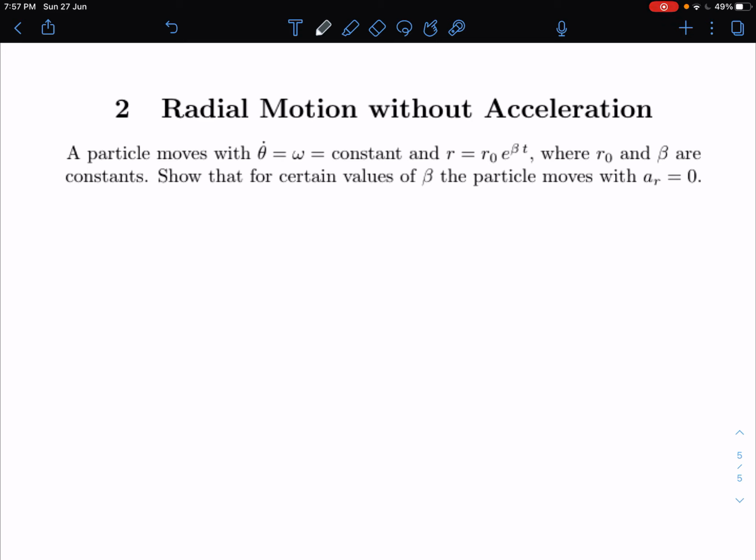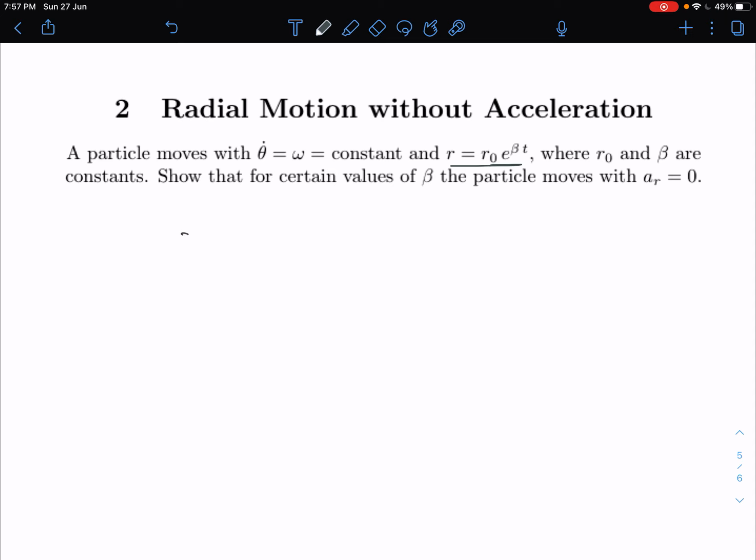So in this case, the important consequence is that for certain values of beta, where r is r naught e to the power beta t, you will see that the particle moves without any acceleration in the radial direction. But this is unexpected, right?